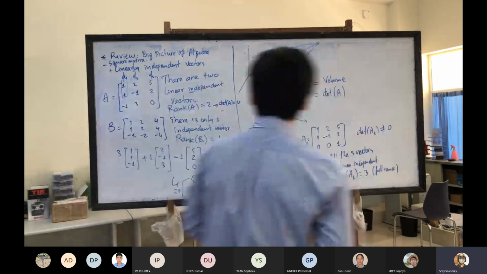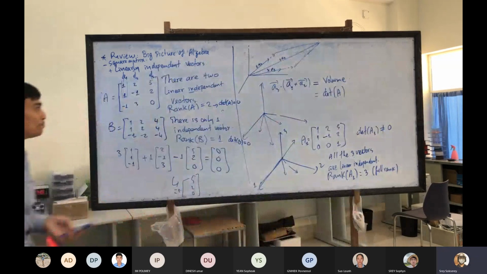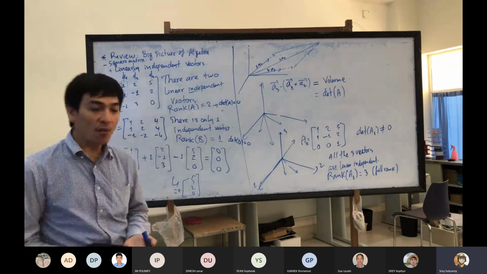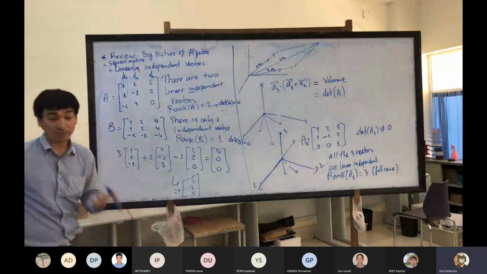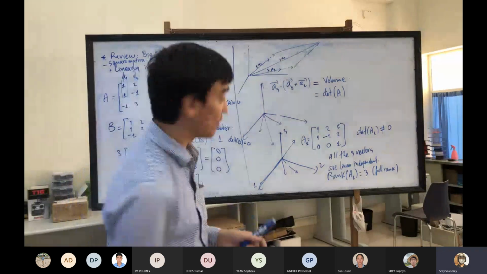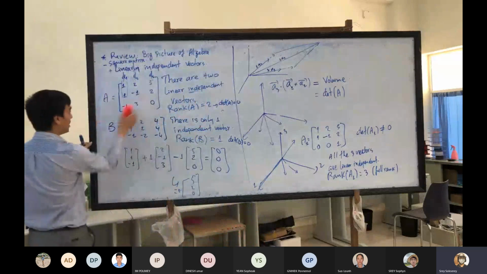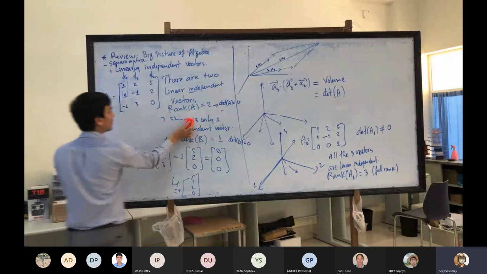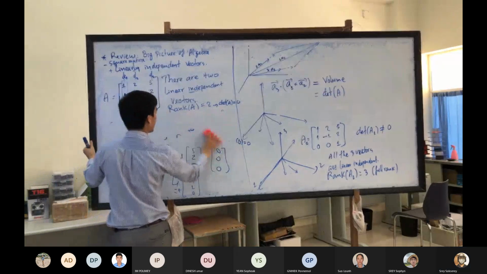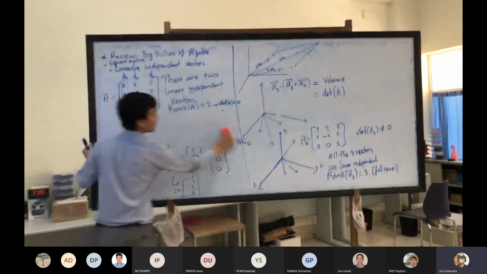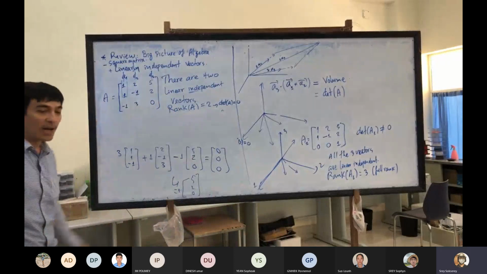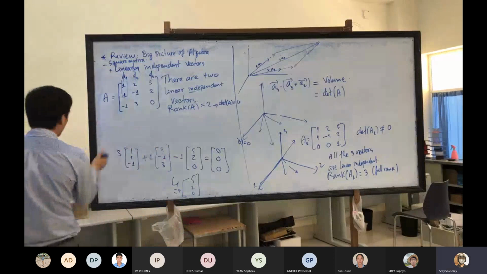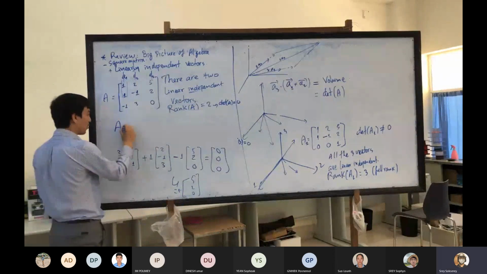So let me show you the equation Ax equals 0. This is important because you will use it for finding eigenvalues. So I keep this, and I still keep this. Now let me analyze Ax equals 0.